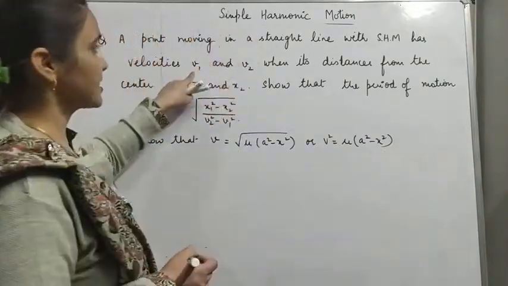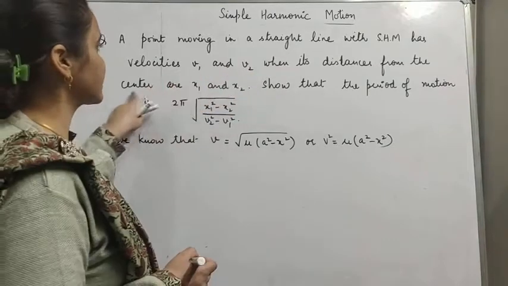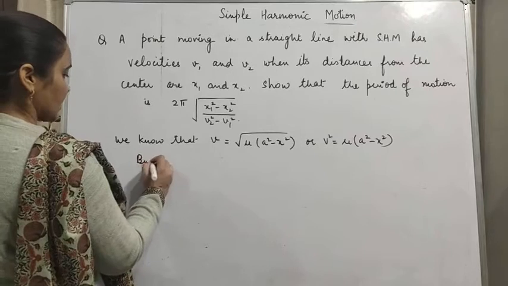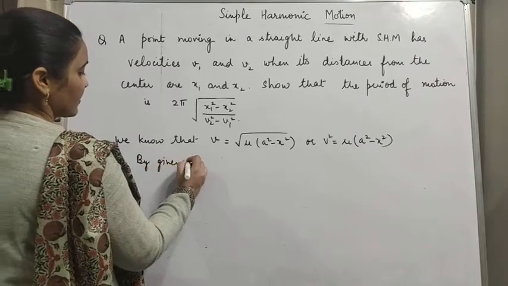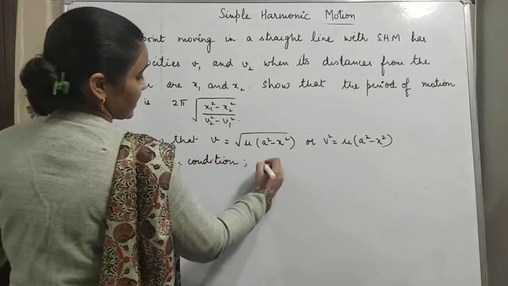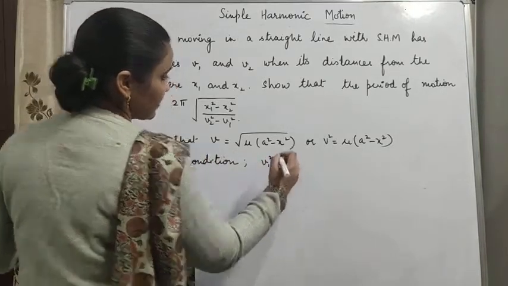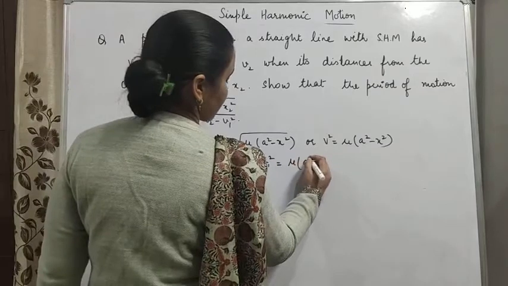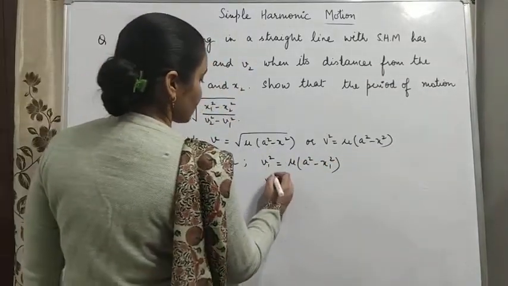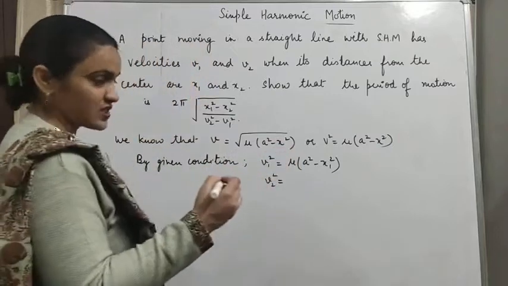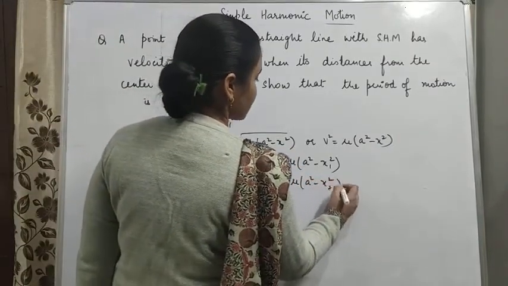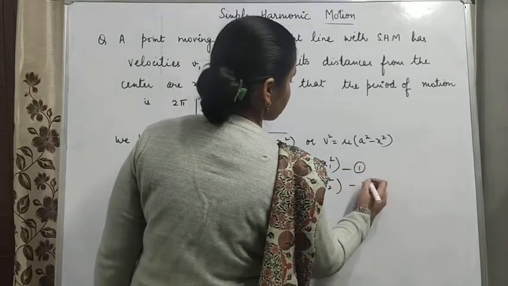We have velocities v1 and v2 at distances x1 and x2. Therefore, by the given condition, we have v1 square is equal to mu times a square minus x1 square, and v2 square is equal to mu times a square minus x2 square, at two different positions where the velocities are given. This is 1, this is 2.